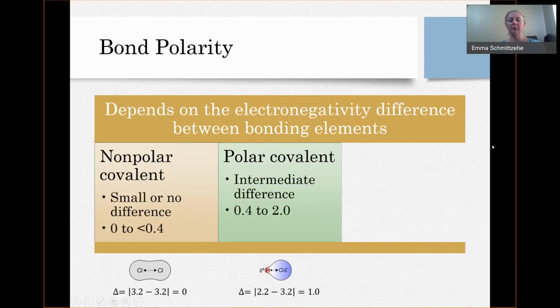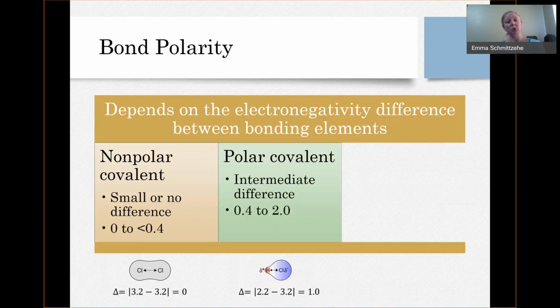So for instance, if you had hydrogen bonded to chlorine, that does form a covalent bond, but chlorine has a significantly larger electronegativity than hydrogen. And so what happens is it does not share the electrons equally. The chlorine will pull the electrons more towards it. And so the hydrogen will be kind of lacking in the electrons.